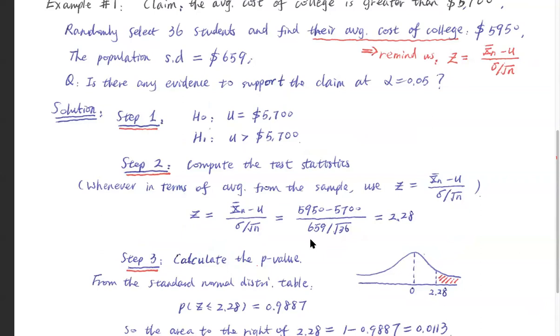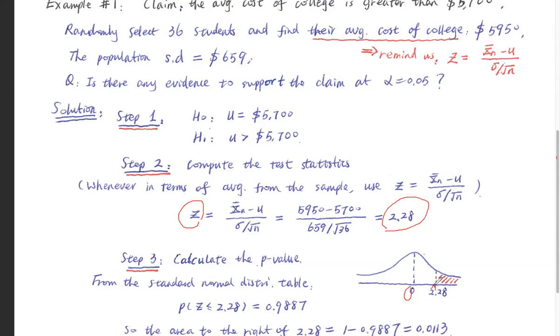Once we find 2.28 from the test statistic, we can draw the bell-shaped curve. Because that is a Z, remember? That's the standard normal curve, centered at 0. Then where is our value? 2.28, somewhere here.